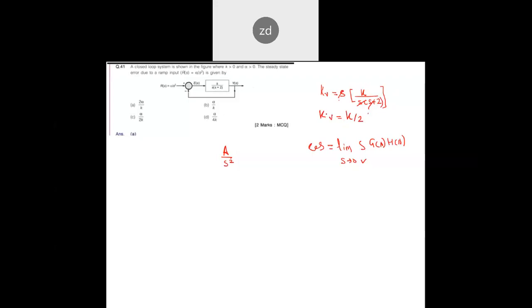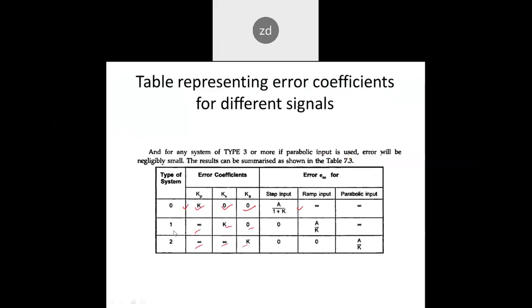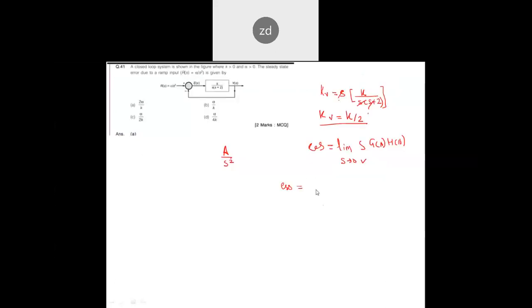And I know for a ramp type of input, the error is given by ESS. As you can see in the previous slide, it is a type 1 system, so if it is a ramp input, it's a by kv. So you can see this is a type 1 system, and I will be having the error a by kv.